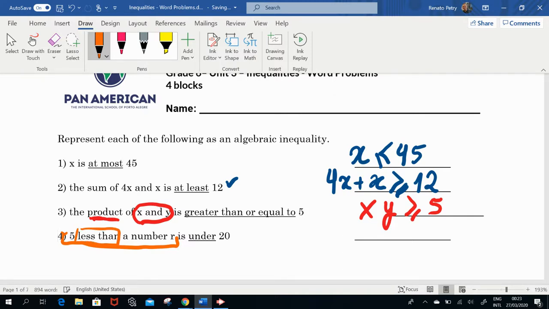So 5 less than a number r is actually r minus 5. And all of this has to be under 20, which means it can't be 20. It has to be under 20. So 20 is not part of my answer. So all of this has to be less than 20, which means under 20. Okay, so this is the first part.